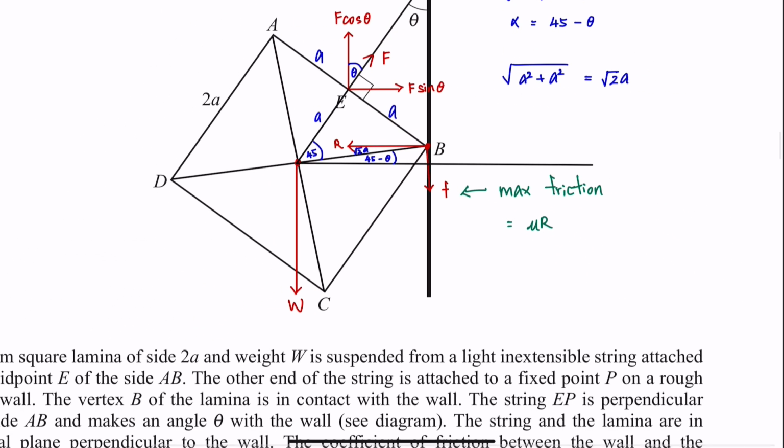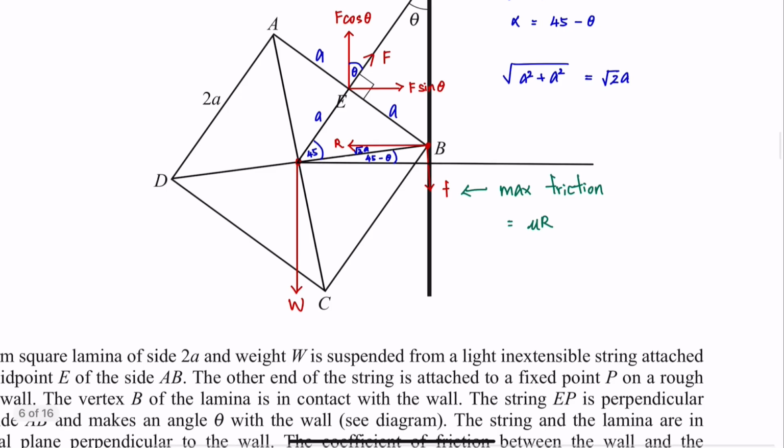In this case, we would use cos. So cos of (45 minus theta) is the distance that we want to find over root 2a. So the distance would be root 2a cos(45 minus theta).